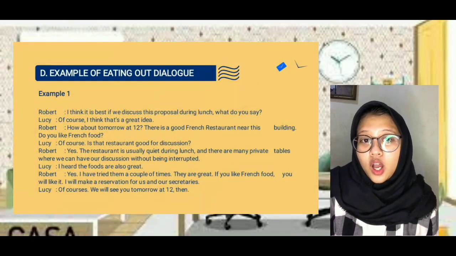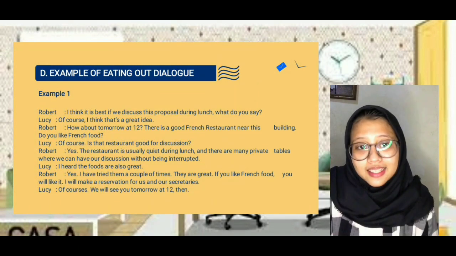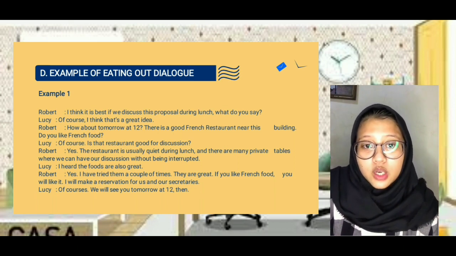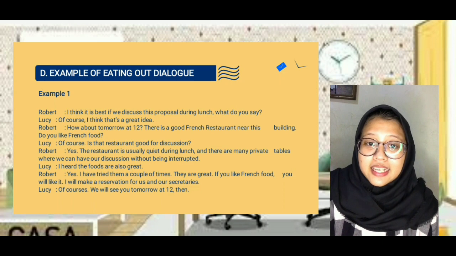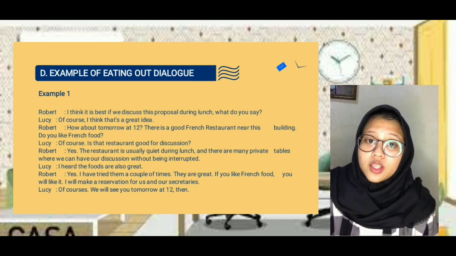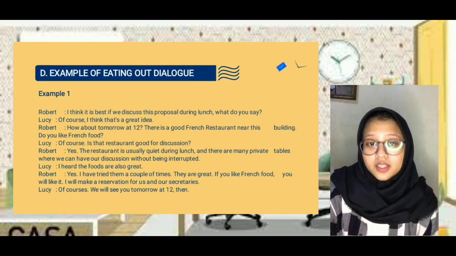D. Example of eating out dialogue. Example 1. Robert said, I think it is best if we discuss this proposal during lunch. What do you say? Lucy said, of course, I think that's a great idea. And then Robert said, how about tomorrow at 12? There is a good French restaurant near this building.